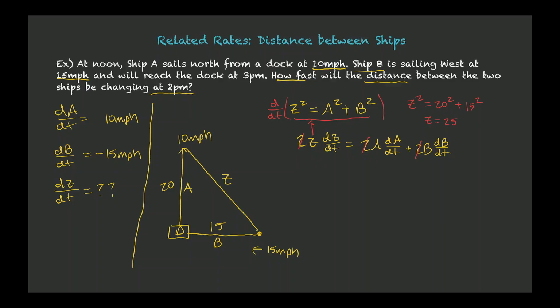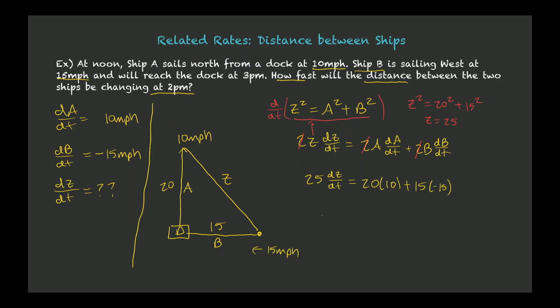Now we can plug in everything that we know and solve. So z is 25, so 25 dz/dt is equal to a is 20, dA/dt is 10, plus b in this problem is 15 at 2 p.m., and dB/dt is equal to negative 15.